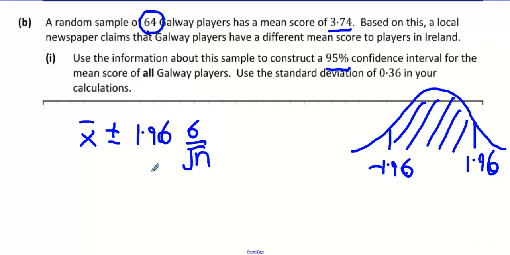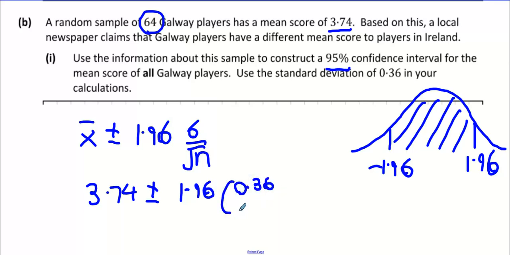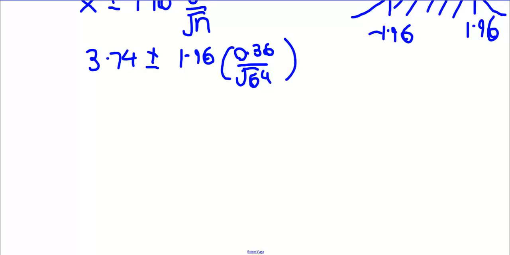Okay? And all you're going to do then is 3.74, which is the Galway average, plus or minus 1.96 times 0.36 divided by root 64. We've got to do both of them.